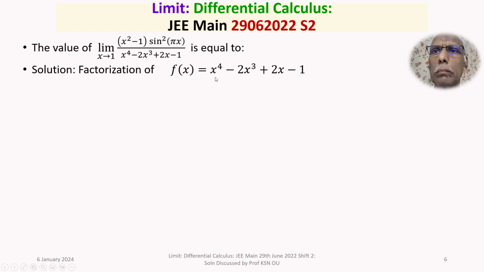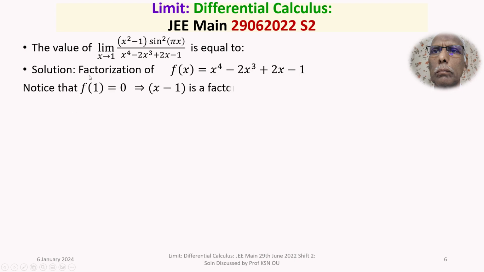It is a polynomial of degree 4. How to factorize? We observe that the sum of the coefficients, that is 1 minus 2 plus 2 minus 1, is equal to 0. Then it suggests that x equal to 1 satisfies this equation.